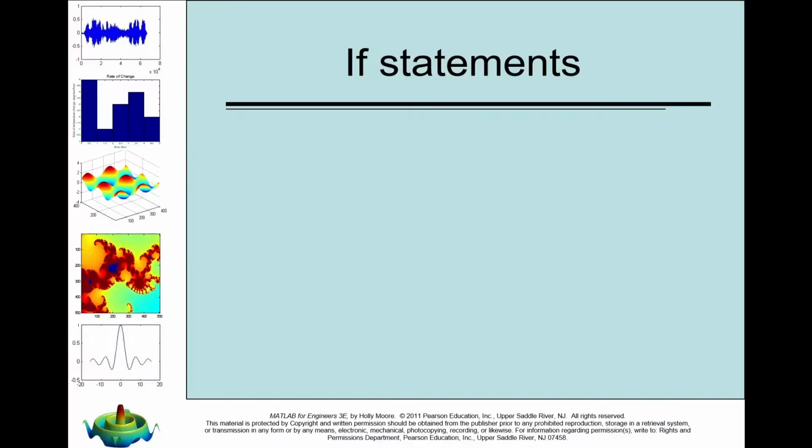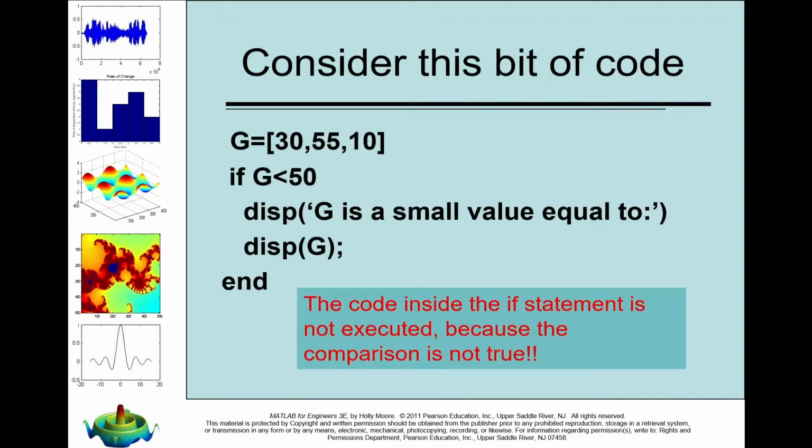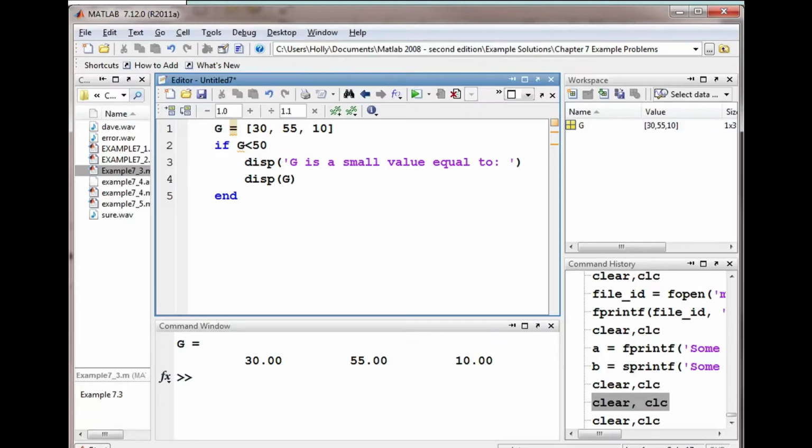Therefore, if we try to define G from 30, 55 and 10 here, nothing will happen. Nothing will be displayed on the command window.